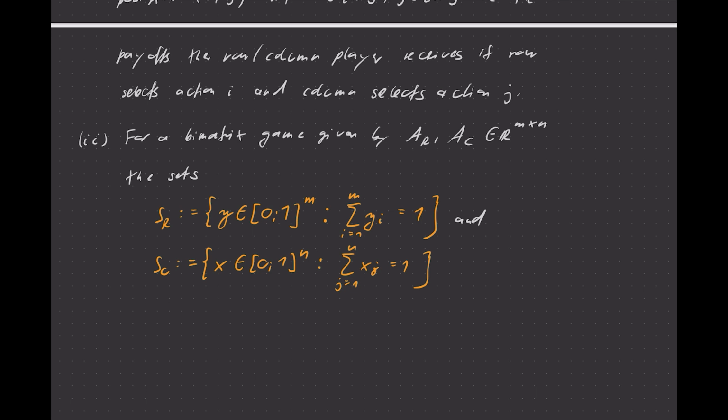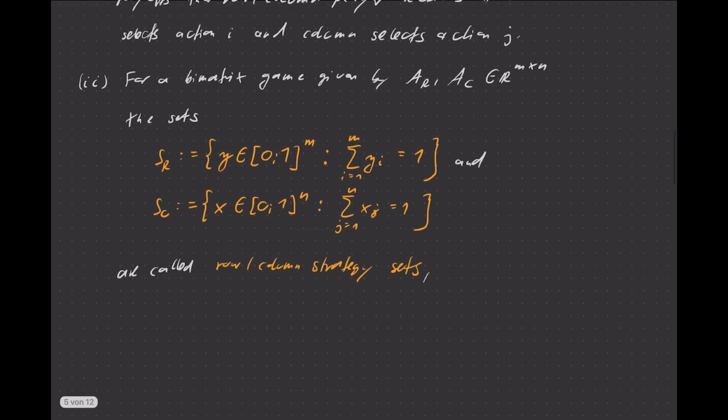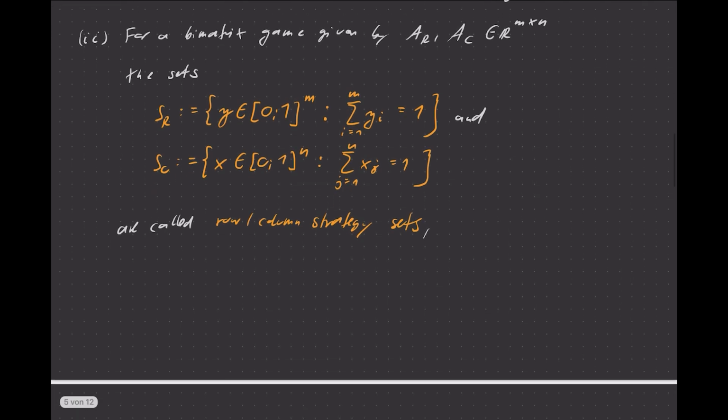So these sets are called row or column strategy sets. And each element, each vector in these sets is called a row or a column strategy.